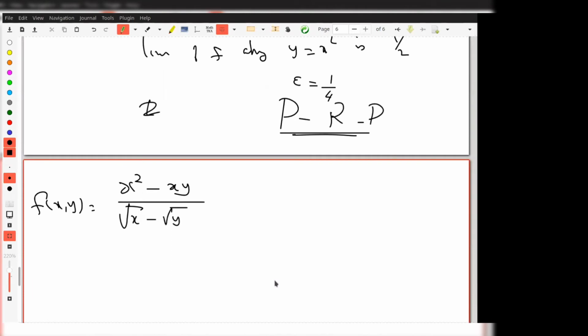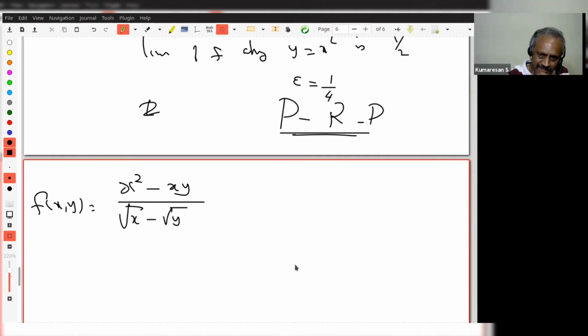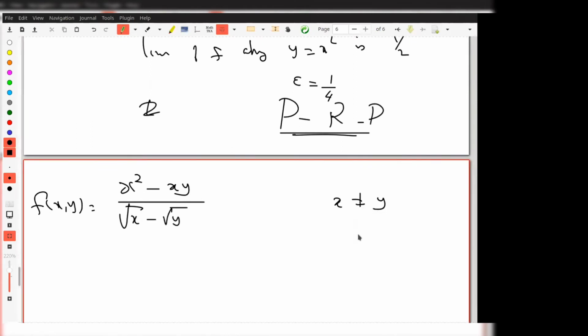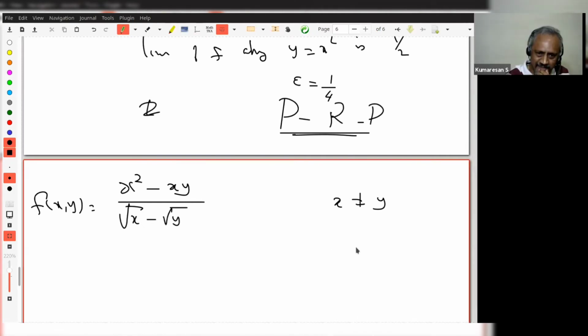X should not be equal to Y. That's it? X and Y should be greater than 0. Yes, sir, positive numbers. X and Y must be positive.